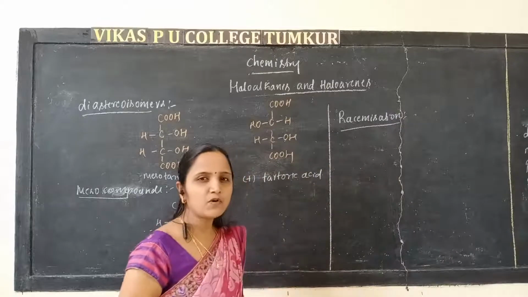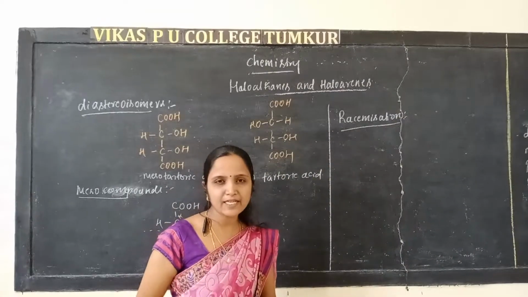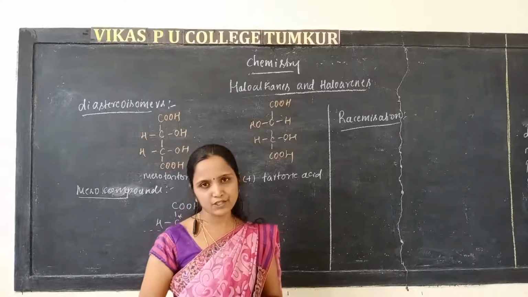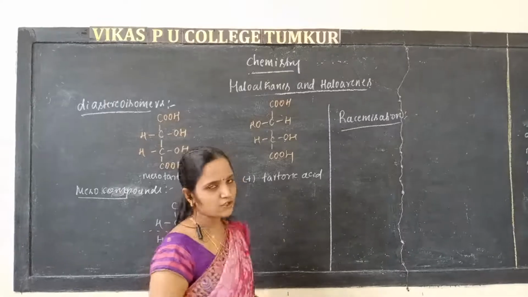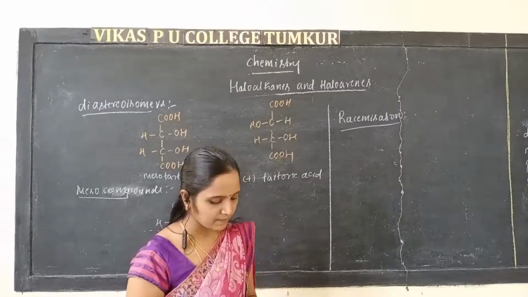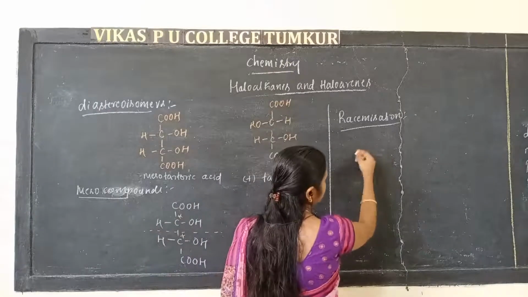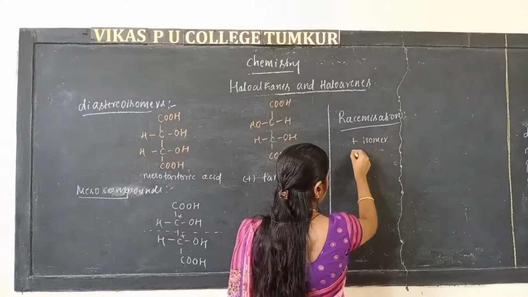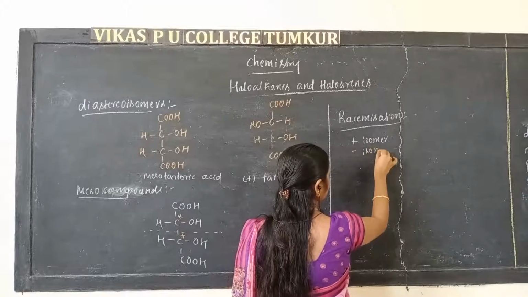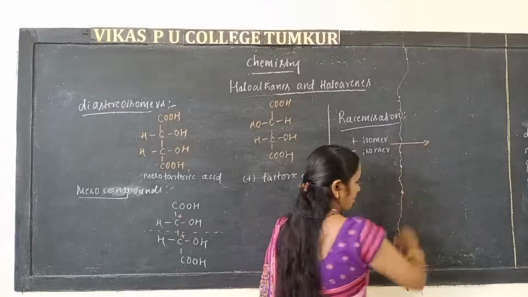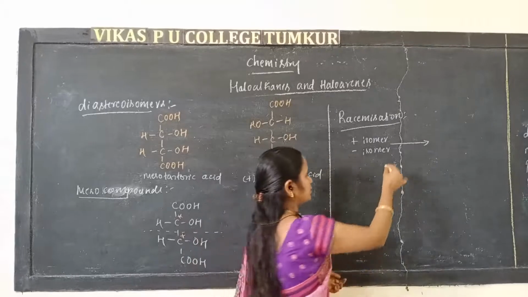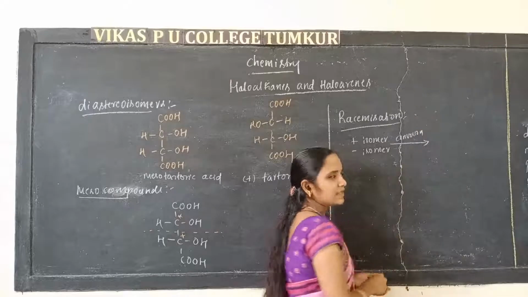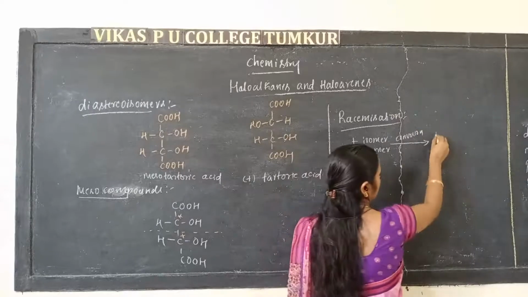The process of conversion of optically active isomers into an optically inactive racemic mixture is called racemization. That means the optically active isomers, the dextroisomer and levoisomer, are converted into a racemic mixture.